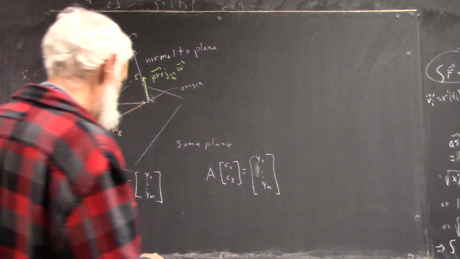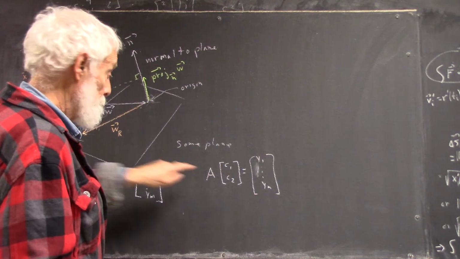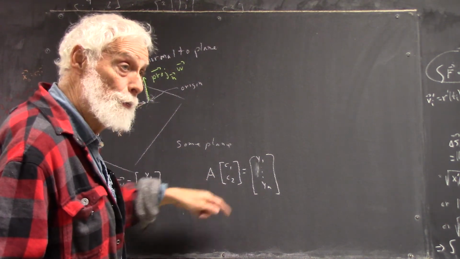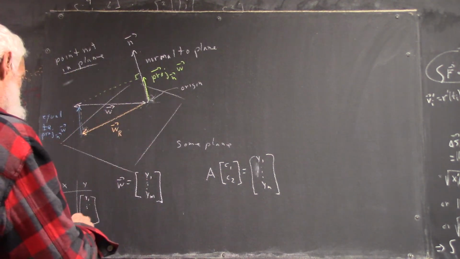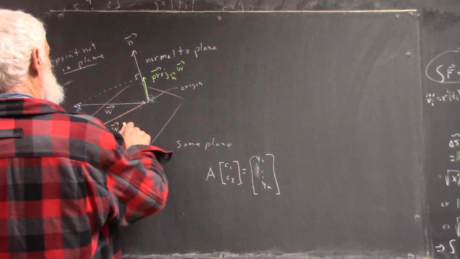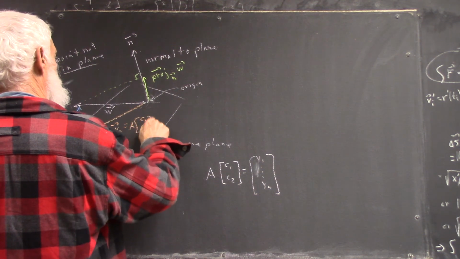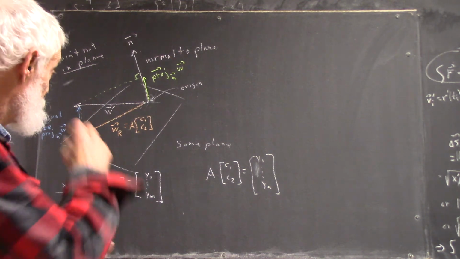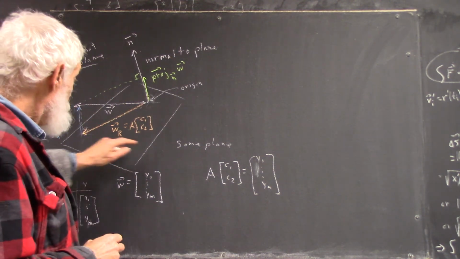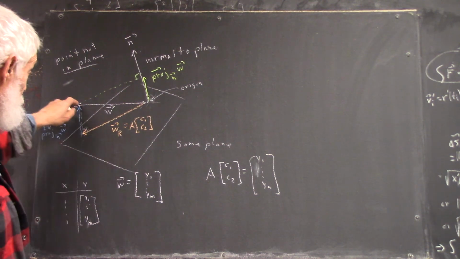So this is in your range space, so it is an image of one of these. We don't know what this is, but we know what this is, because this is our Y1 through YM.